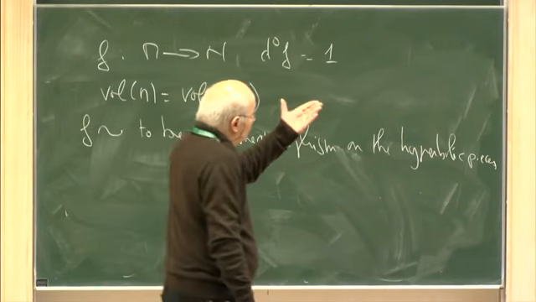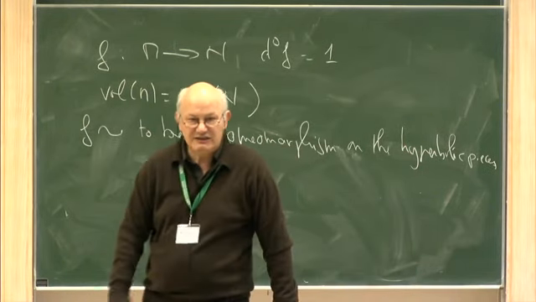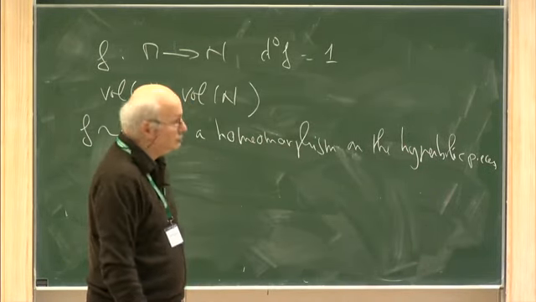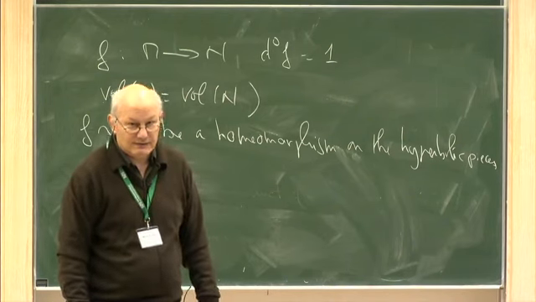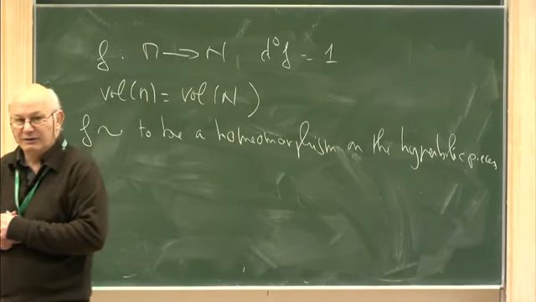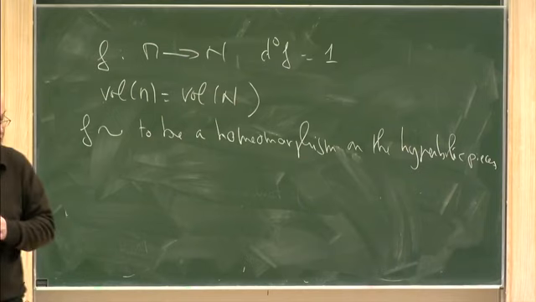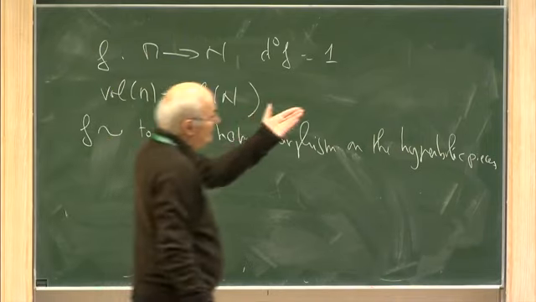The best, perhaps, generalization of this kind of result is due to Derbez. He really gave a necessary and sufficient condition for a degree 1 map to be a homeomorphism, but using bounded cohomology.